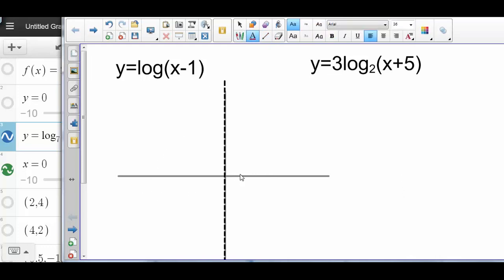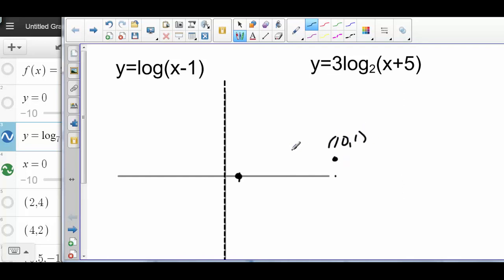Those key points would be the point 1, 0, and then again, if the base is 10, the point 10, 1 would be our second key point. So 1, 0, and 10, 1 would be our key points, and our curve would do something like this.